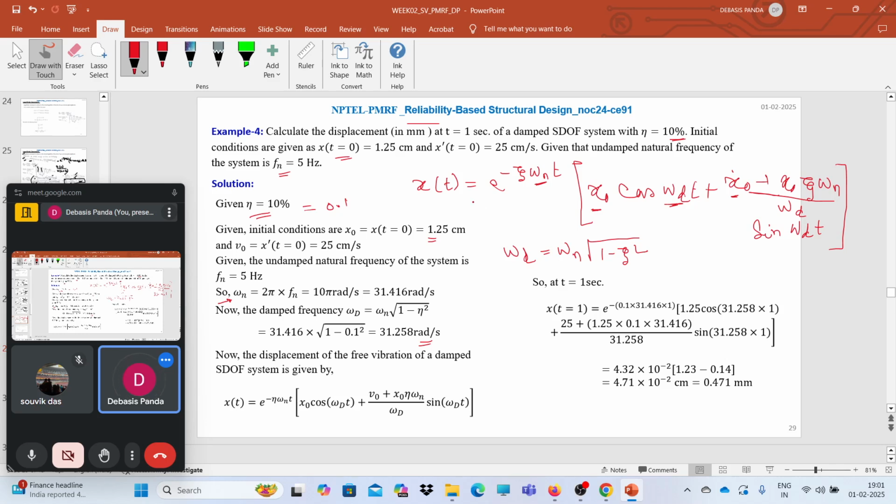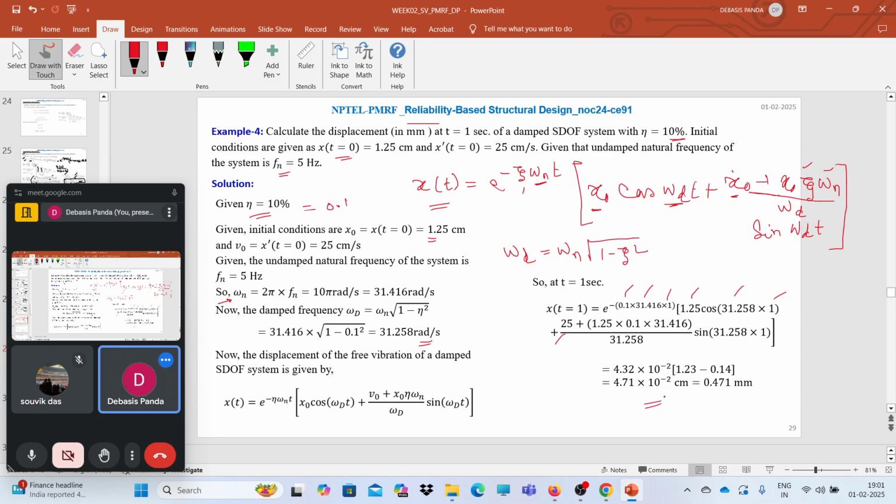Now we have the equation for displacement at any time instant. Put all these values in these equations at t equals to 1. So t equals to 1, zeta value is nothing but 0.1, omega n 31.416, then initial displacement 1.25 cos omega d t, plus initial velocity plus initial displacement into 0.1, that means zeta omega n divided by omega d sine omega d t.